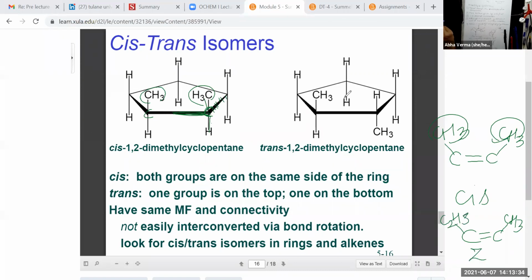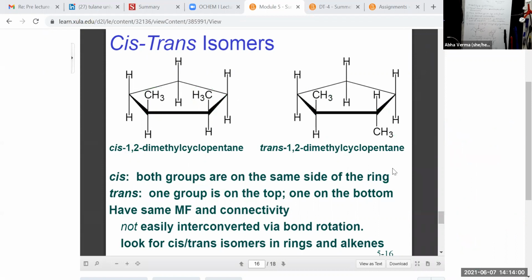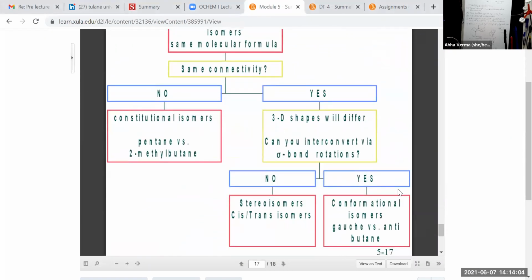E or Z? Z. Why? Just think of them zooming together on the same side. But for the rings, we will just focus on cis and trans. So the priority groups are opposite to the plane, and hence we say it is a trans. Okay, remember, in the ring, your conformations cannot be rotated by just one single rotation.